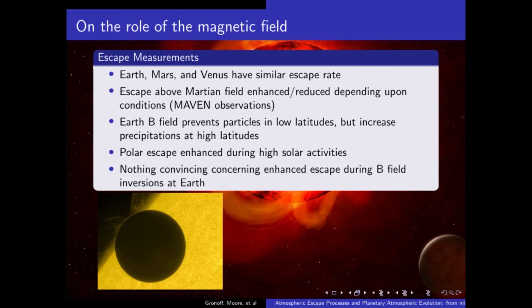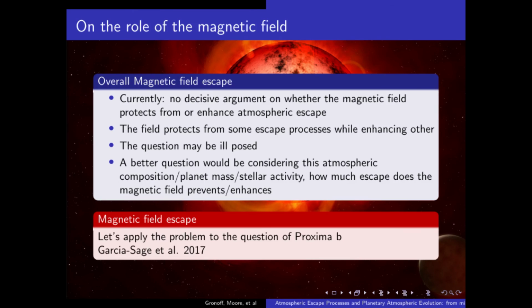So basically, there is currently no decisive argument on whether or not the magnetic field protects from or enhances atmospheric escape. What we can conclude from the observations that we have right now is that the magnetic field seems to protect from some escape processes while enhancing others.